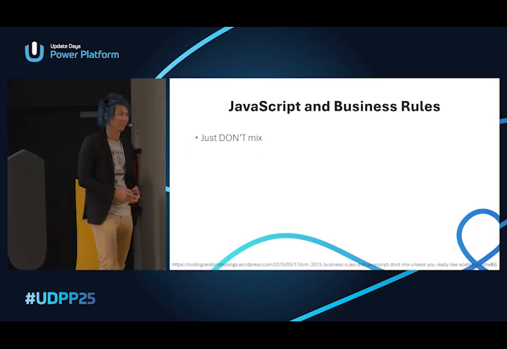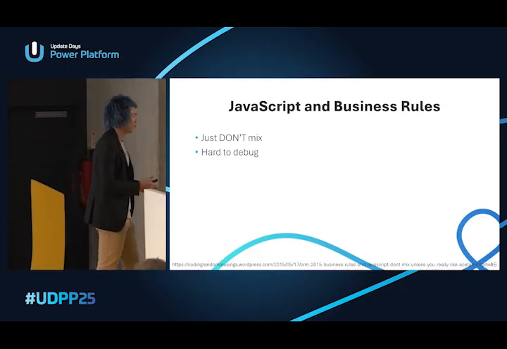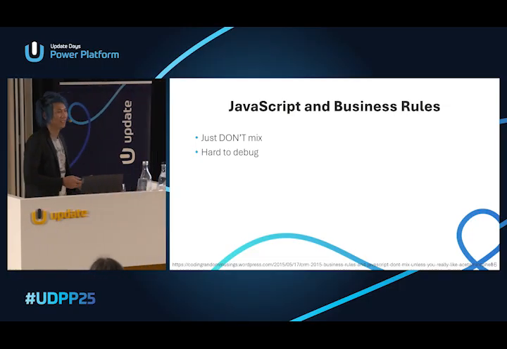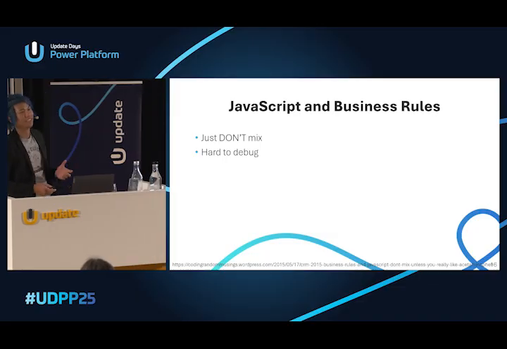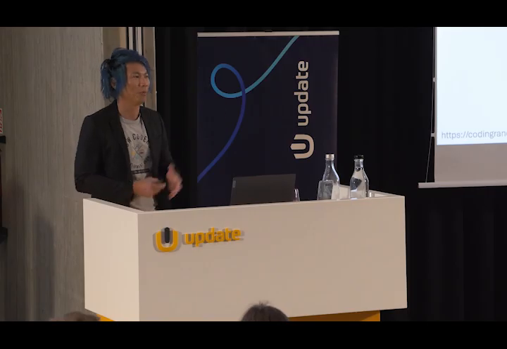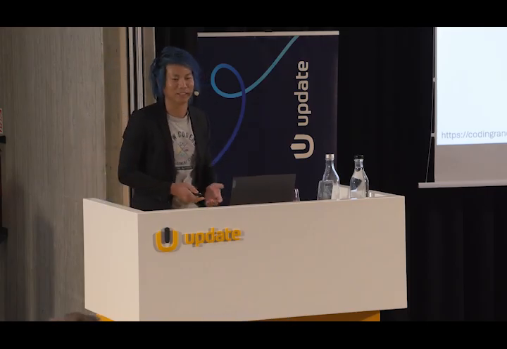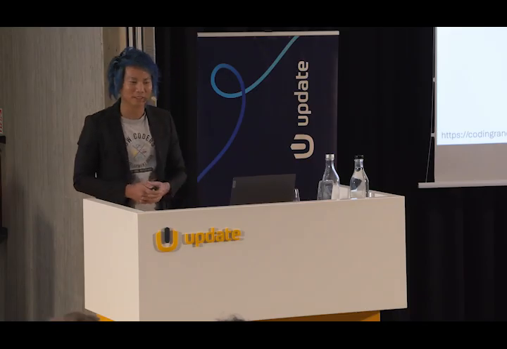Just don't mix. Because if you mix, there is a lot of troubleshooting, and it's really hard to debug. Like, oh, this is not working, oh, this is being overwritten by another business rule. If you have JavaScript, you can see everything on one screen, and it's easier to debug.